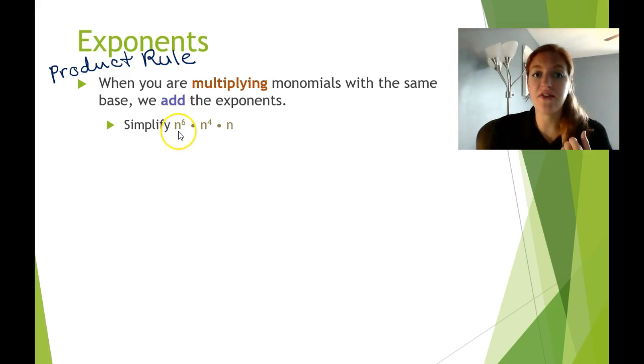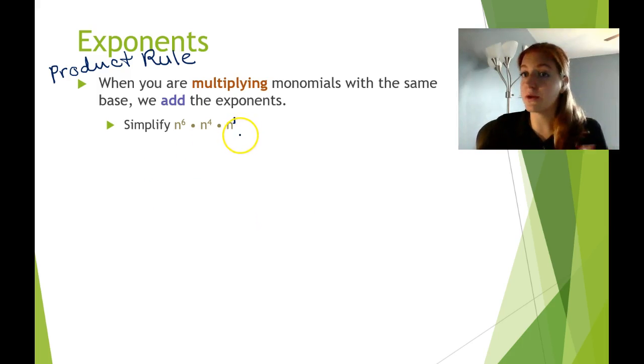Here we have n to the 6th times n to the 4th times n to the 1st power. Do you guys remember that? Maybe, maybe not. That's why it's always good to review, right? If there's no exponent, we just put in an invisible one. Now notice that we are multiplying the bases, the n's.